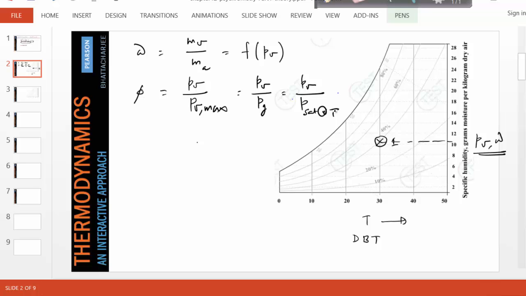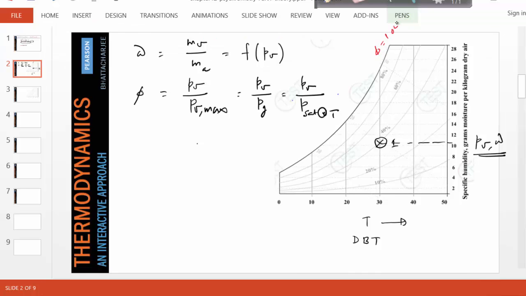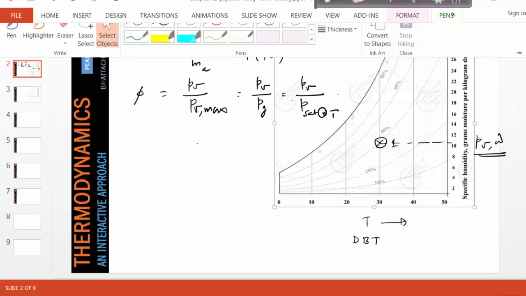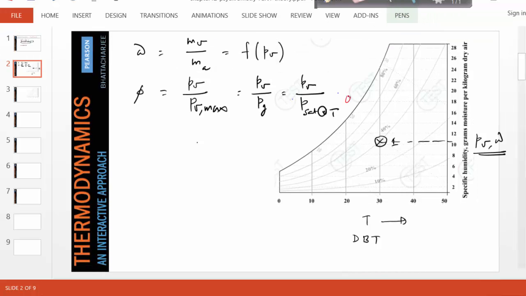So when phi equals 1, which is this line, phi is 100%, when phi is 100%, we know the vapor pressure would be maximum.